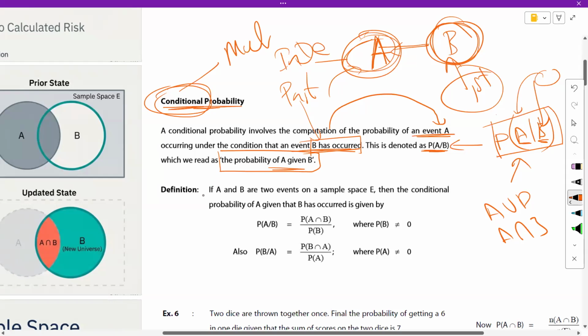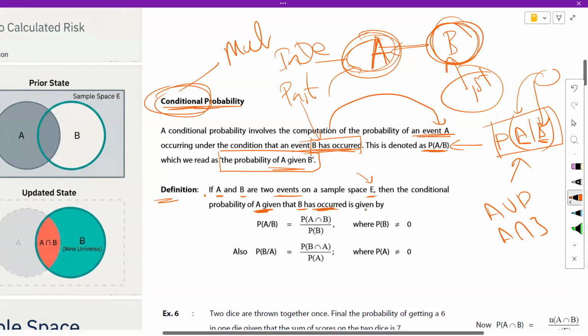For example, first let us look at the definition. If A and B are two events on a sample space E, then the conditional probability of A means calculating the probability of A given that B has occurred.